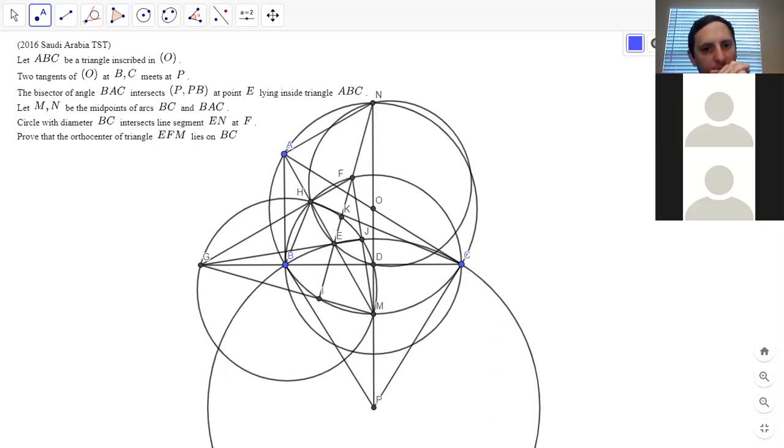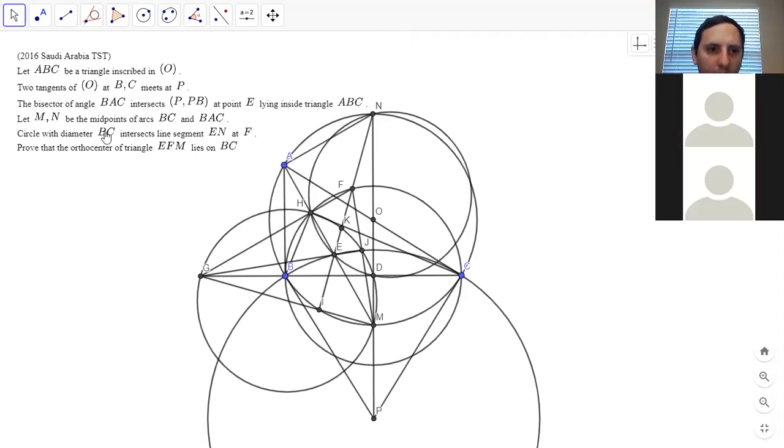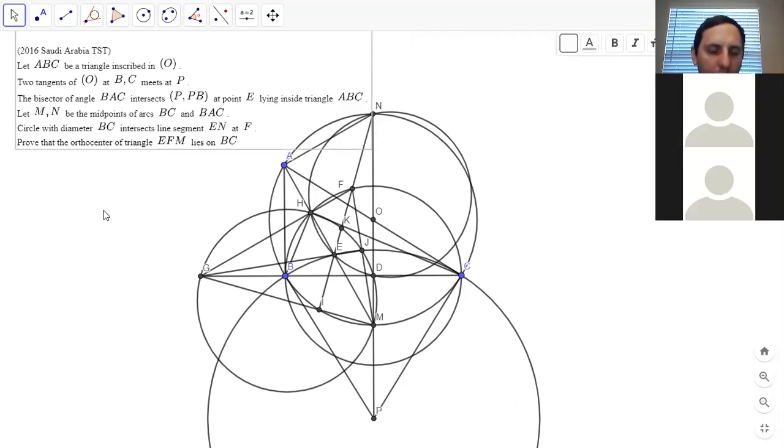Yeah, this is interesting. A lot going on in this diagram. E is just defined in a difficult way.